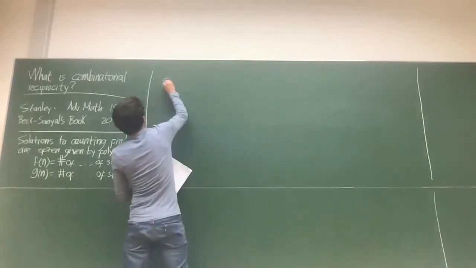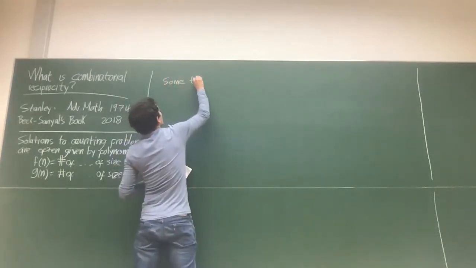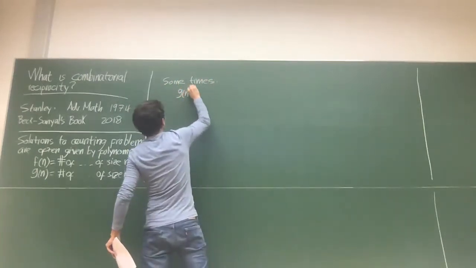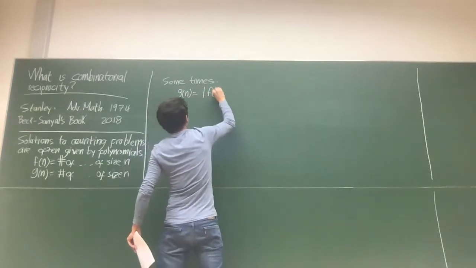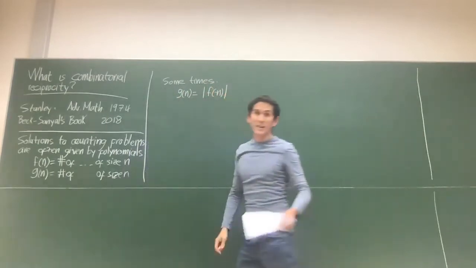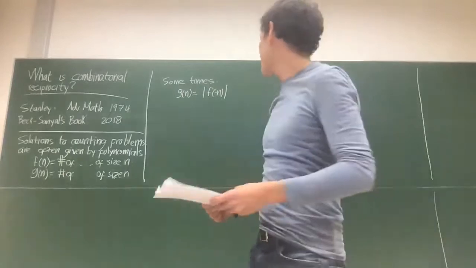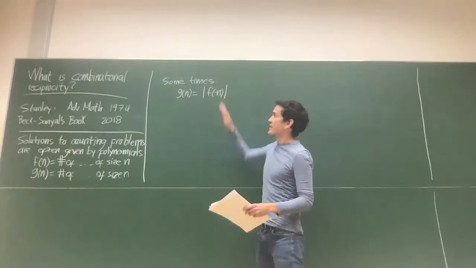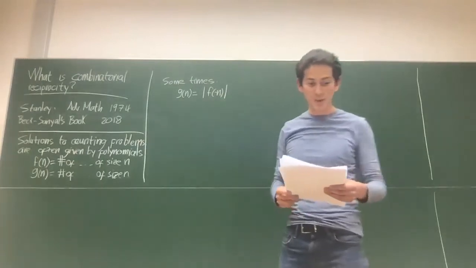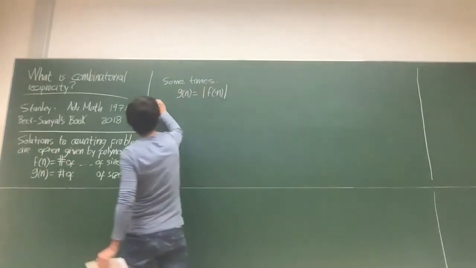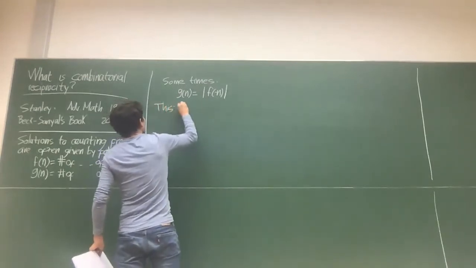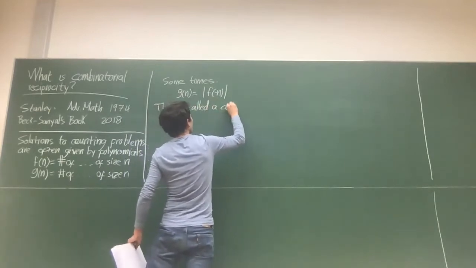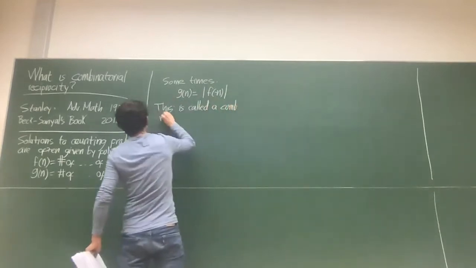So sometimes you can get g of n by evaluating f at negative numbers, and maybe you have some negative signs there, so you take the absolute value. Okay, and this here is what is called a combinatorial reciprocity.